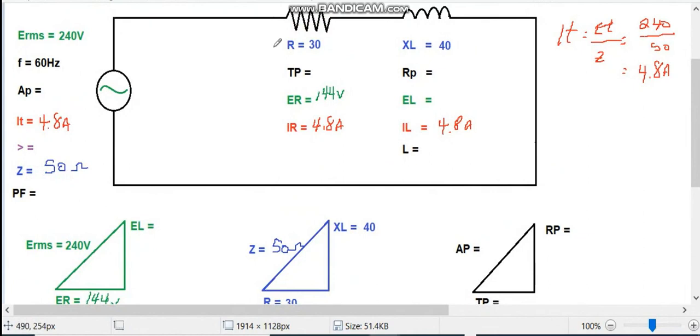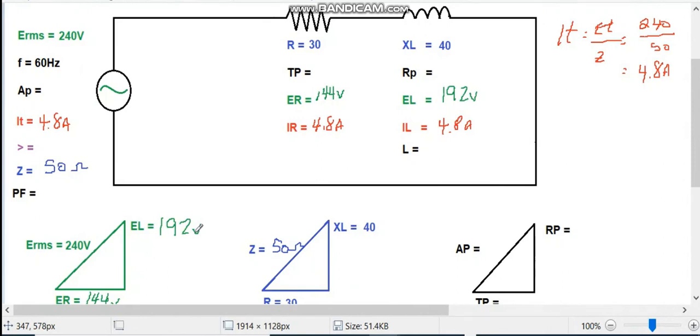And then for my inductor, it is my IL, so my amperage through the inductor times my reactance, and doing that, I get 192 volts. Put that there.